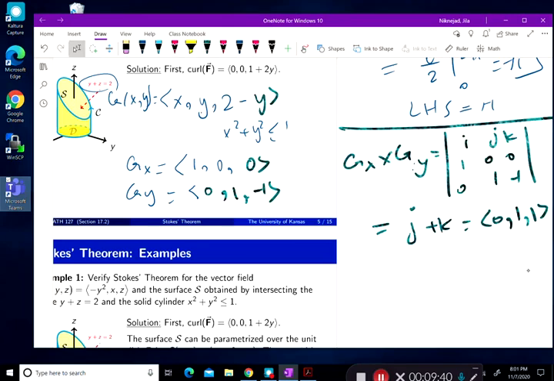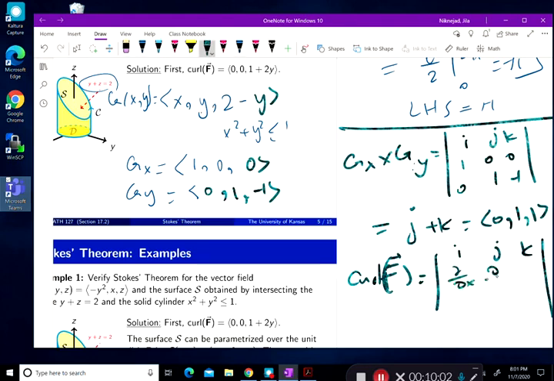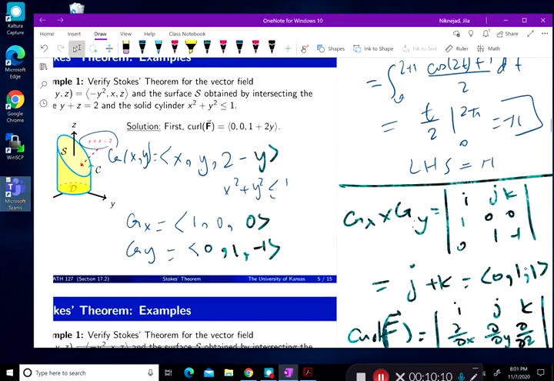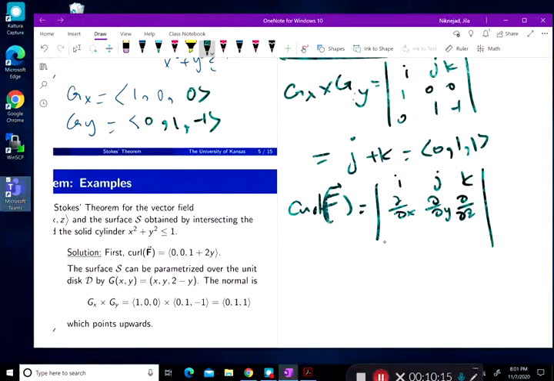So that's it. I still need to find the curl of F to dot product with this. And curl of F, third time is a charm, is partial with respect to x, partial with respect to y, partial with respect to z. And going back in here, F is negative y squared, x, and z.